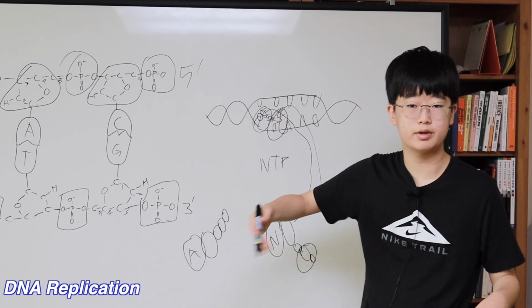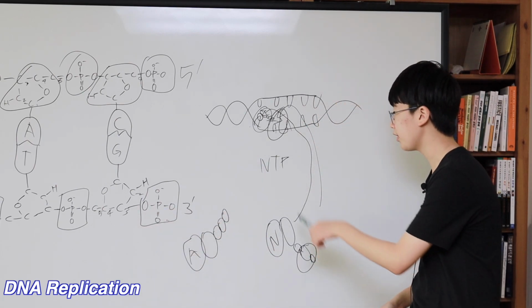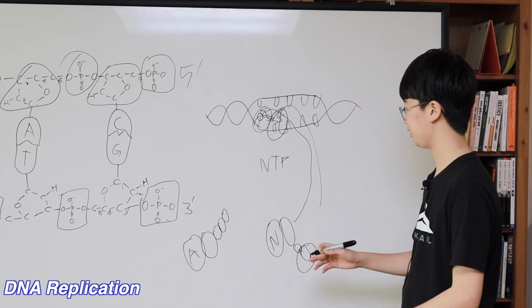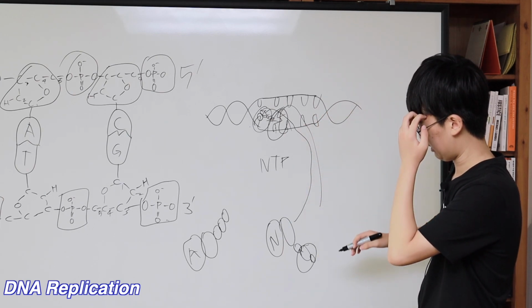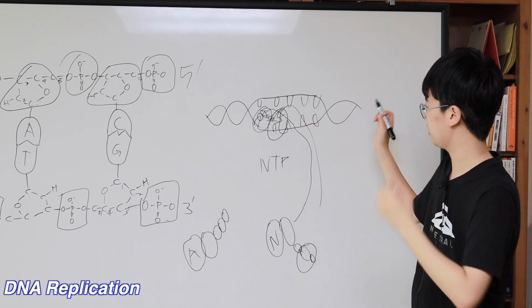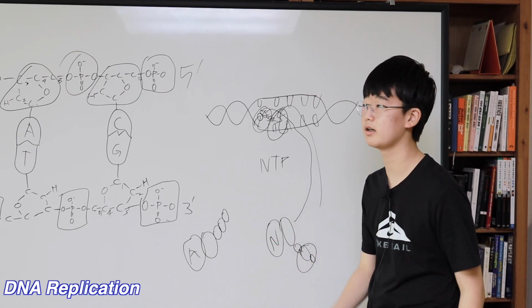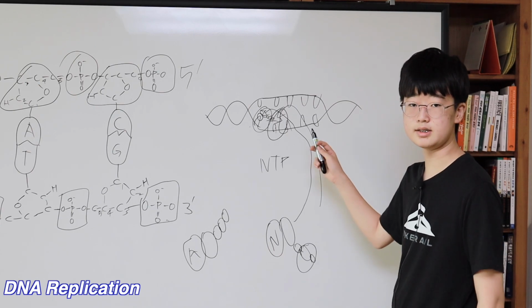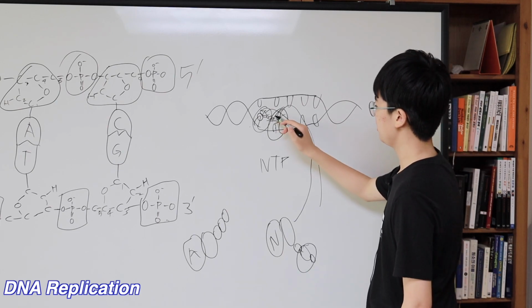It keeps going on like this. And this giving out of energy is quite important too. And which way the phosphates are going to go is quite important too, but I'm going to explain that later on. So yeah, this is the basics of DNA replication.